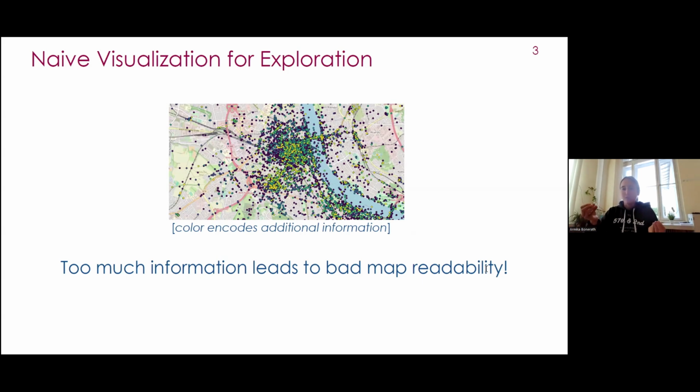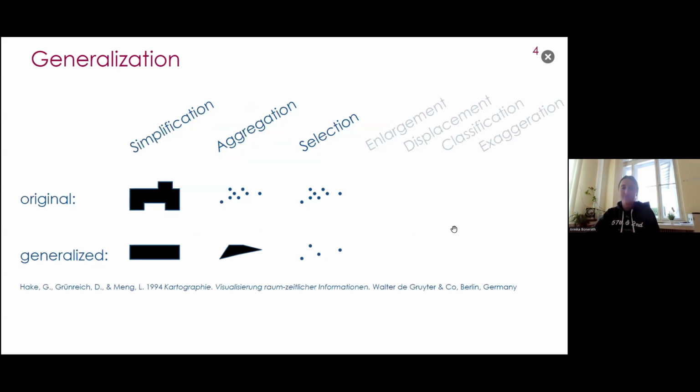So we need different tools to allow data exploration. And what do we use? We use techniques from cartography, as for example, the generalization to enhance our visualizations. Because this is not the first time that people work on large data sets, so we can use existing techniques.